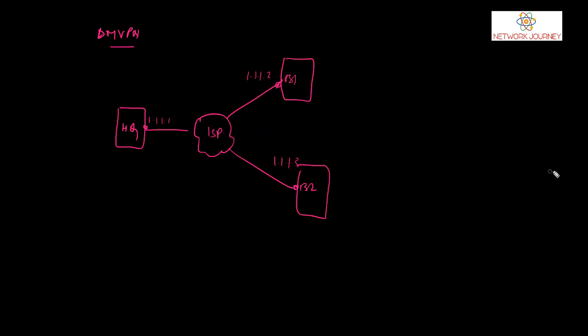Now over on DMVPN, what I do is I set up a multi-GRE tunnel. So we make use of a multi-GRE tunnel in the case of DMVPN. So we will lay this overlay connection.